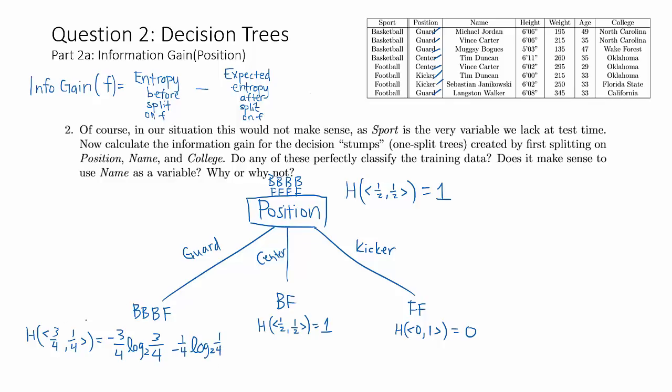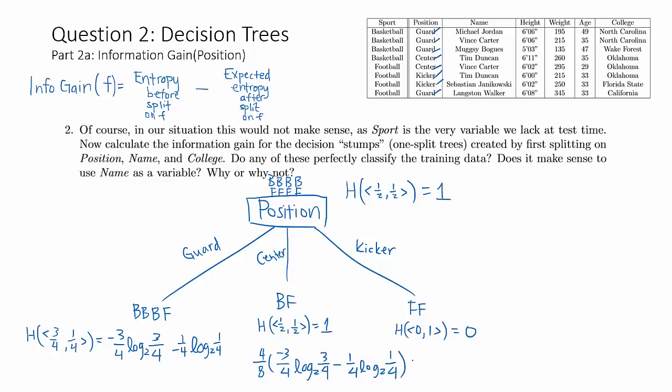And so now we have the entropies for each of these individual groups. We need to calculate the expected entropy, and so we need to weigh them by the fraction of samples. So for this group, there's 4 out of 8 samples, and this is the entropy expression, minus 3/4 log base 2 of 3/4 minus 1/4 log base 2 of 1/4.